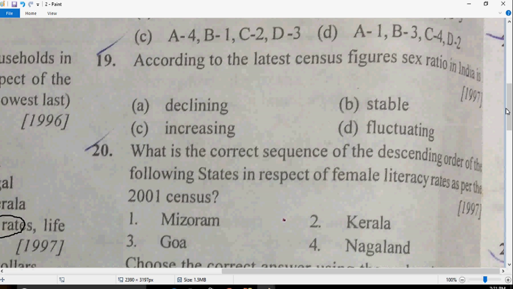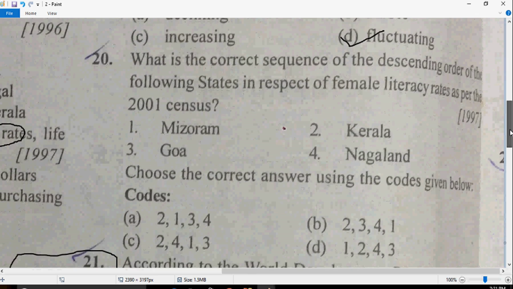So of course it is fluctuating. Why is it so? Because in 1981 it was higher, in 1991 it declined, and once again in 2001 it rose. So that's why it is fluctuating. So D will be the correct answer here.